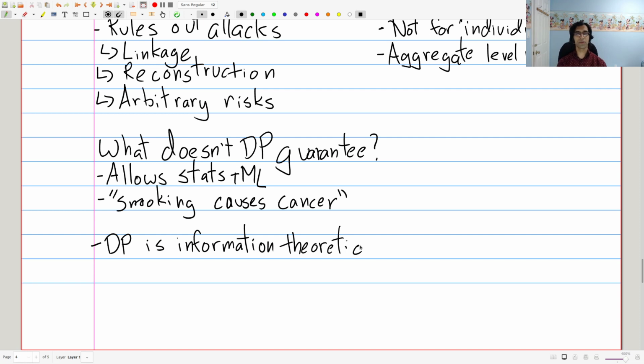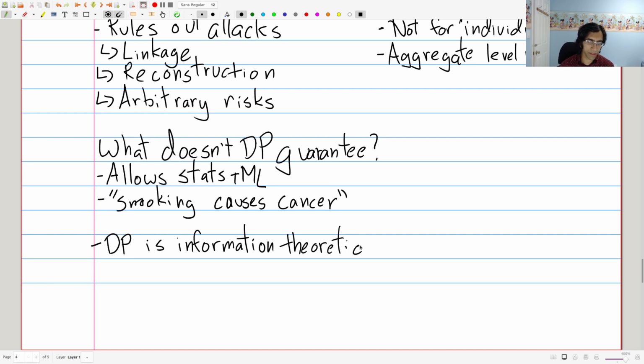This is very different from the case of security, where often we do things based on computational hardness assumptions, saying that no adversary can solve this type of problem computationally efficiently. For example, public key cryptography is based on assumptions very similar to saying that if there's a very large number, then it takes a long time to factor it. In contrast, this is not based on computational assumptions. This is information theoretic, and no matter what sort of power they have, it's impossible to distinguish.